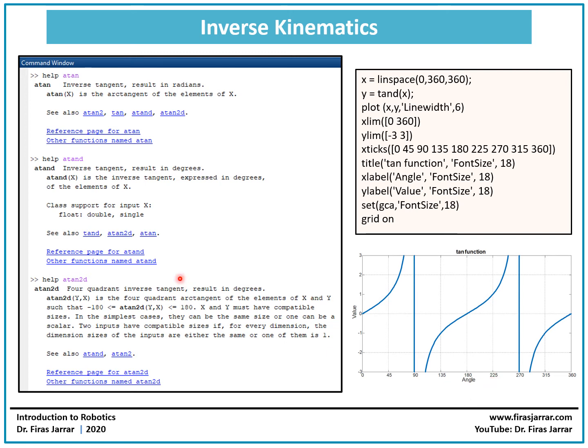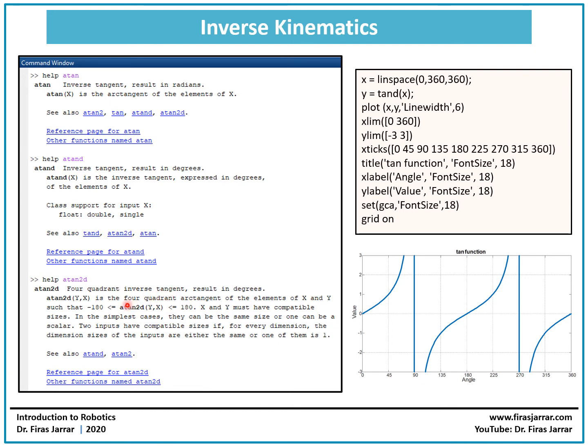This is why in MATLAB we have another function, which is atan2. The d here is for degrees if you want the answer in degrees; otherwise, it will be in radians. So atan2d will give you the four-quadrant inverse tangent.